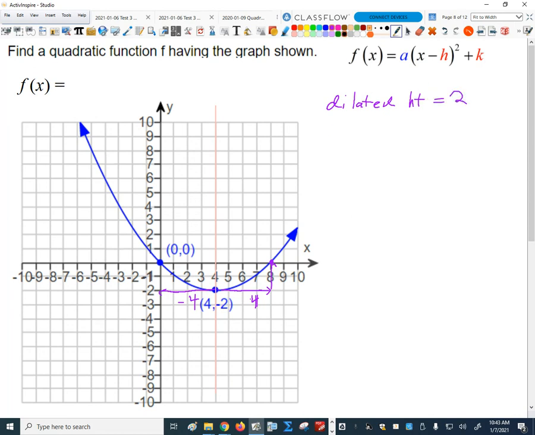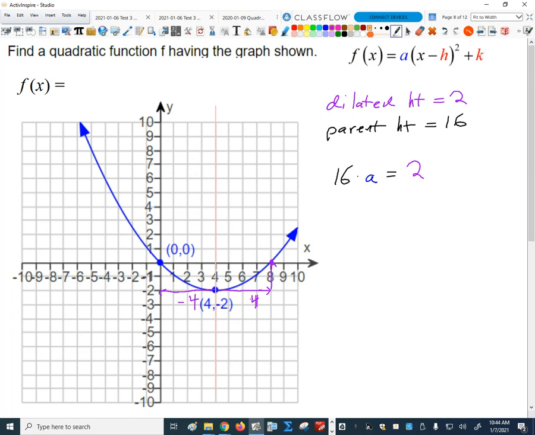My parent height would normally be 16. And remember what A does. A is what we multiply by the parent height to get the dilated height. Okay? So 16 times A would have to equal my dilated height of 2.